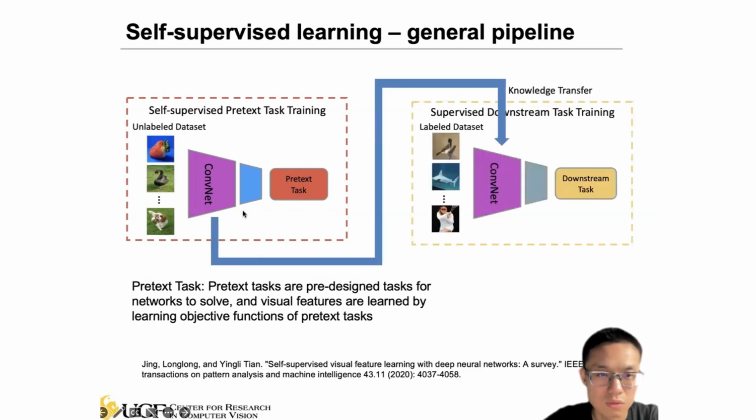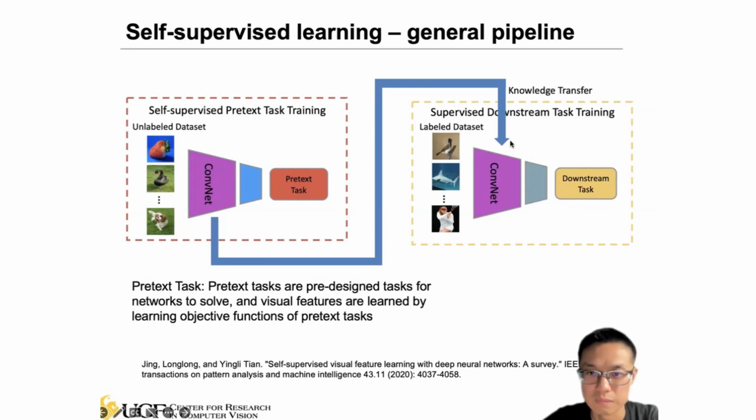Once we train this network on this pretext task, right? Still, we consider the rotation as an example. Then we can take the knowledge learned through this pretext task and transfer it for the downstream task, right? So in this case, we may only have a small set of labeled data, right? So maybe here we're only interested in classifying, let's say, different types of birds, right?